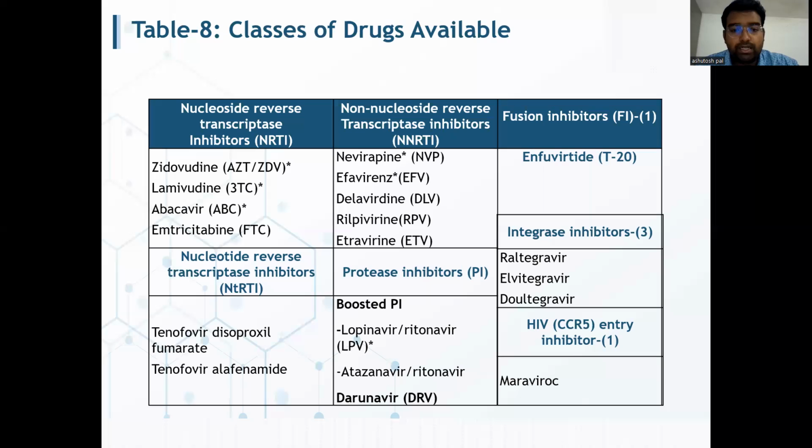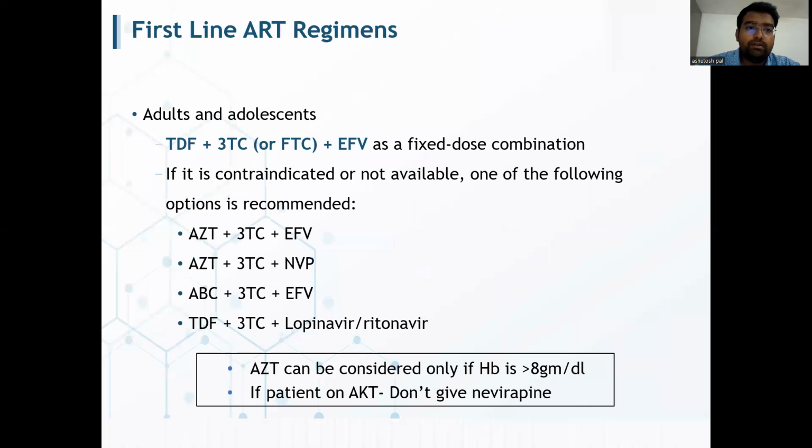You can remember it by that. Protease inhibitors are boosted PIs like lopinavir and ritonavir, atazanavir and ritonavir, and darunavir. Integrase inhibitors like dolutegravir and raltegravir. CCR5 entry inhibitors like maraviroc.